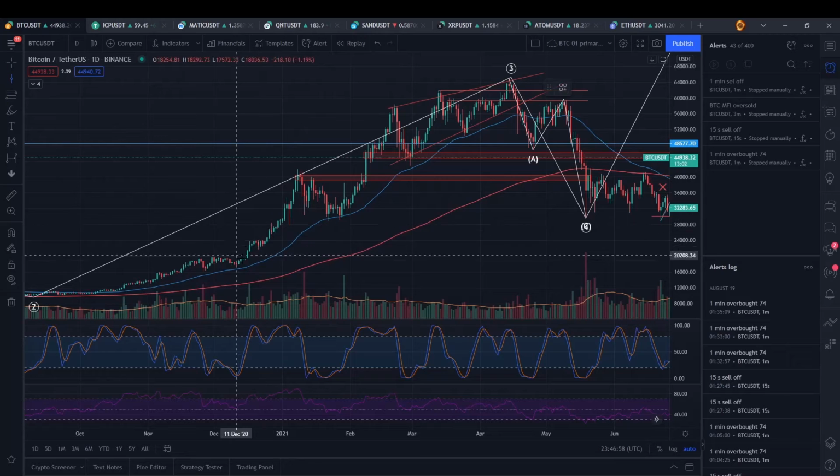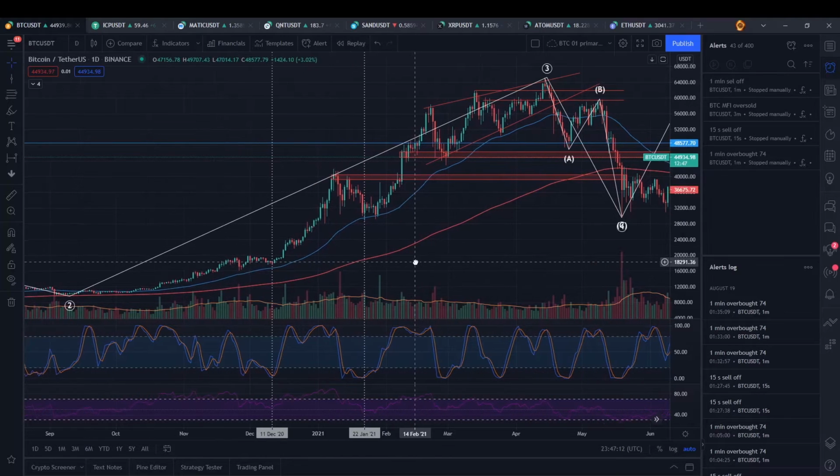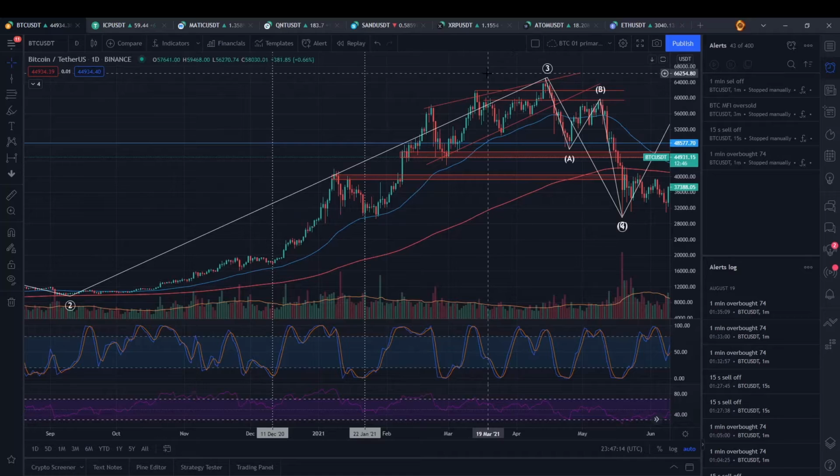So if, for example, we take this as a reference here, where it was oversold, then it went to being overbought, and then it corrected and became oversold again. Let's just call this one wave up and one wave down, and then let's just zoom in.